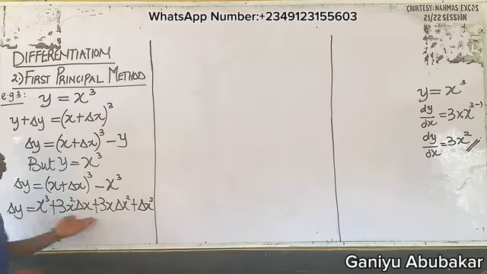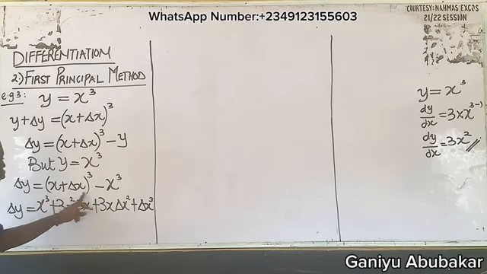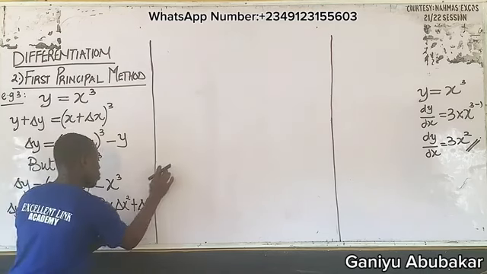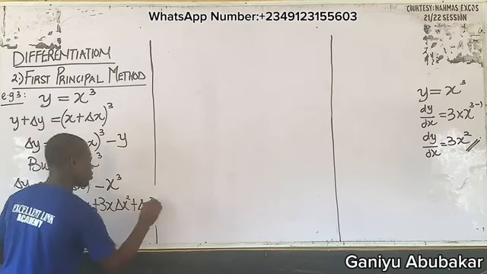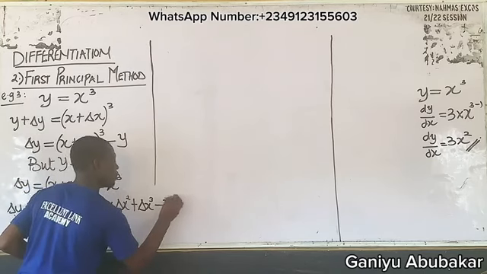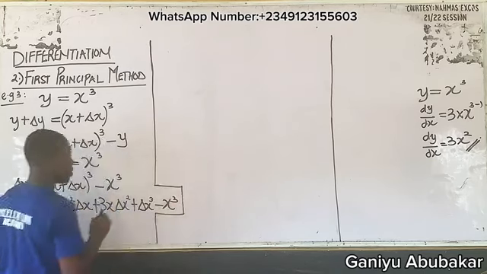Okay, let me see if I'm correct actually. If I expand this one, I shall have everything here. But mind you, I'm still having a minus x cubed, so I'll keep that pending.